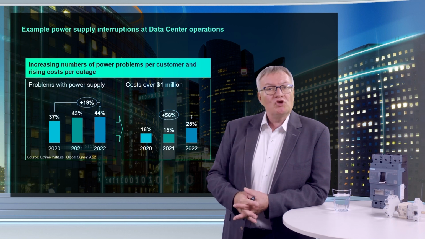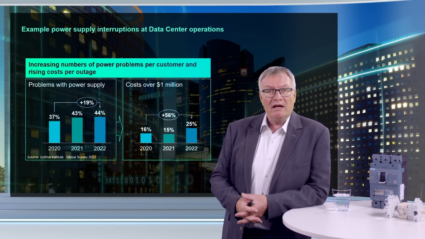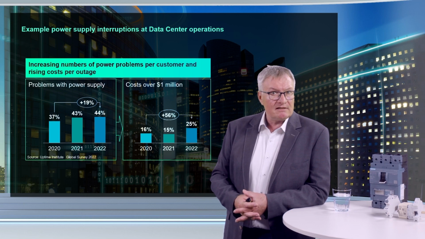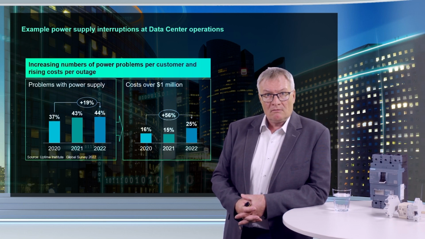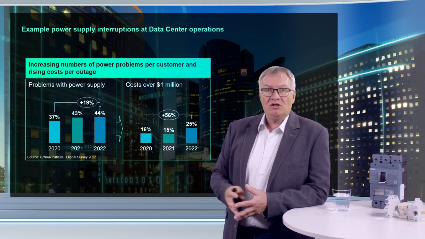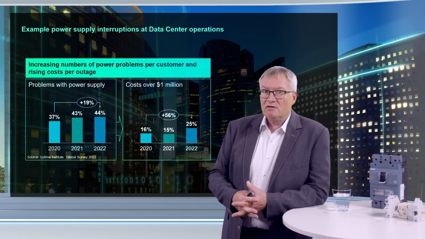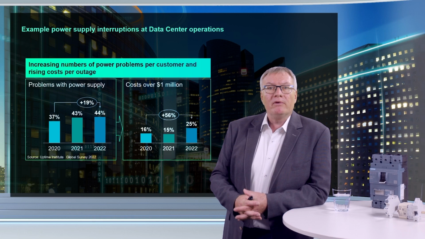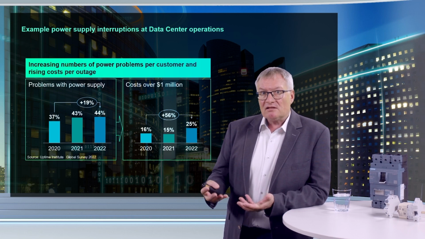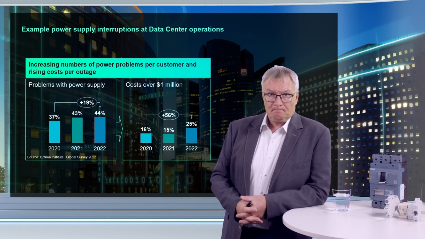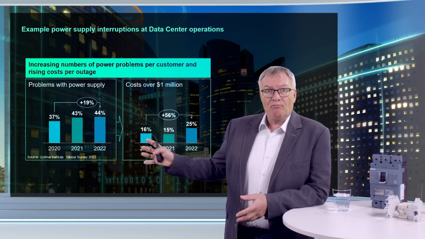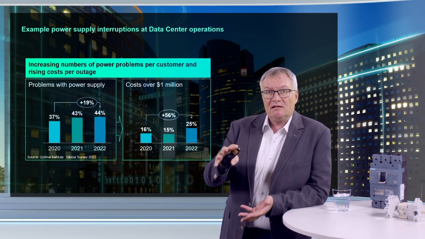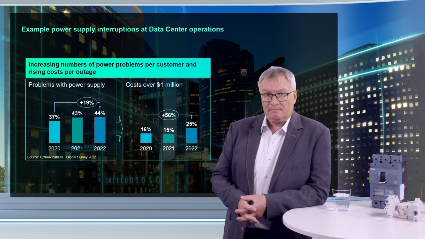This graphic shows the problem with the power supply on the basis of a global evaluation of the Uptime Institute for Data Center Operations. On the one hand, the evaluation for the years 2020 to 2022 identifies a sharp increase in problems with the power supply as the cause of the failure. According to this, the problems with the power supply have increased by 19% within these 2 years.